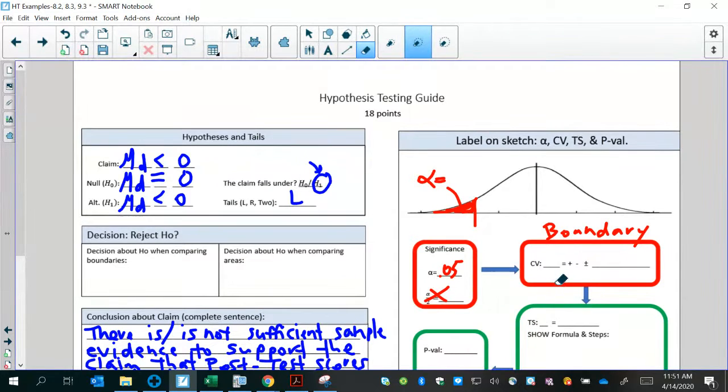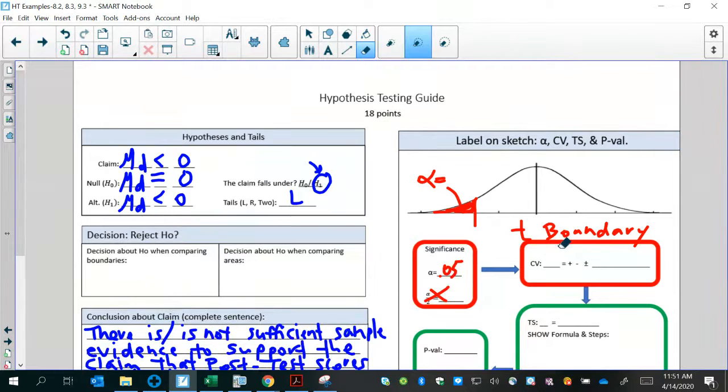Remember that if you are testing a claim about a mean, you will use z-scores if you know the true population standard deviation sigma. But if sigma is unknown, or in other words, if all you know is the sample standard deviation, then you will have to use the t distribution.